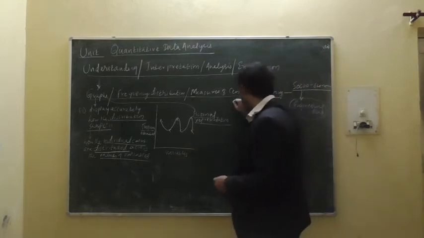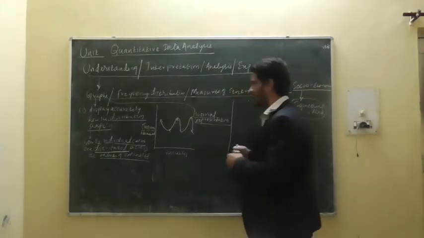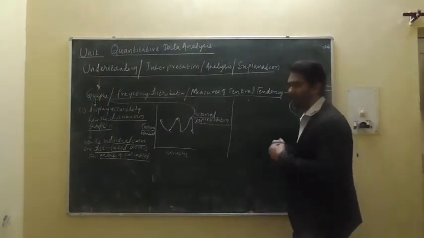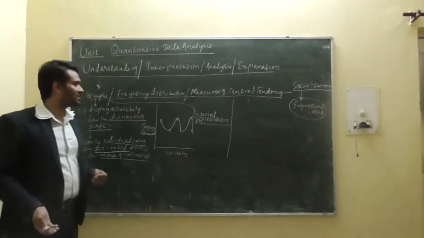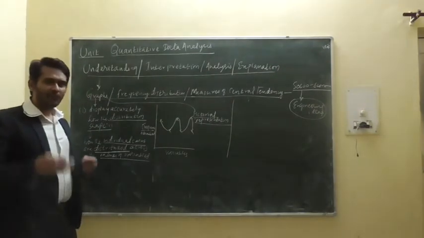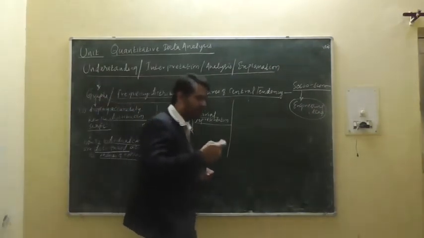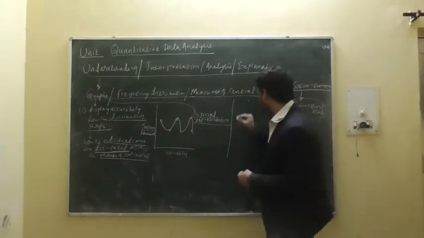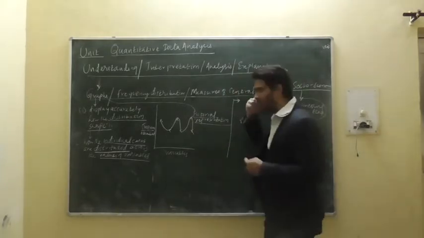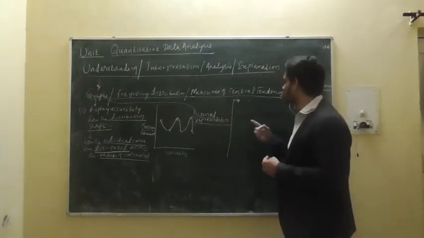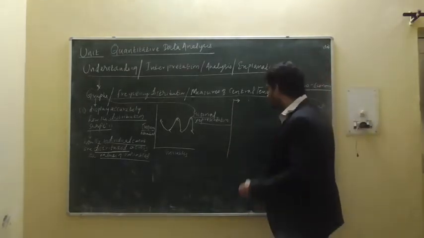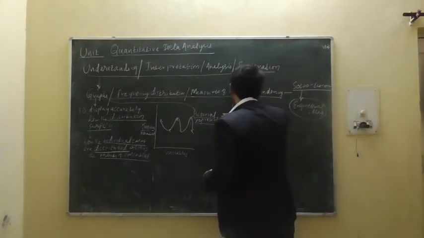When you use the graph, the frequency distributions, or even the measures of central tendency, we have three very basic features. The first is, what is your intention behind using them? It is to identify the skewness.